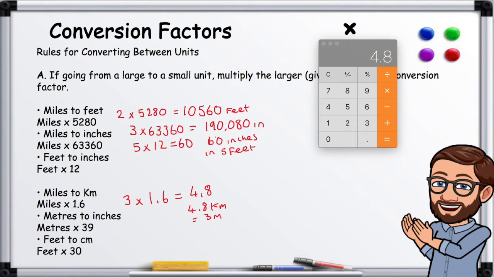So let's say we're given 5 metres. It would be 5 times the conversion factor, 39. Let's use our calculator. 195.